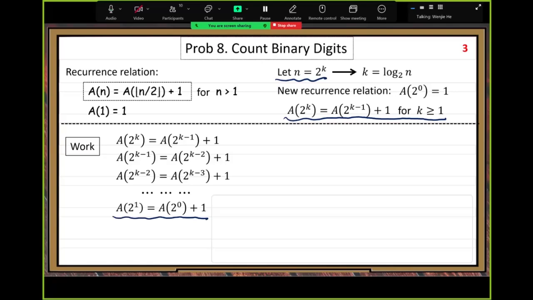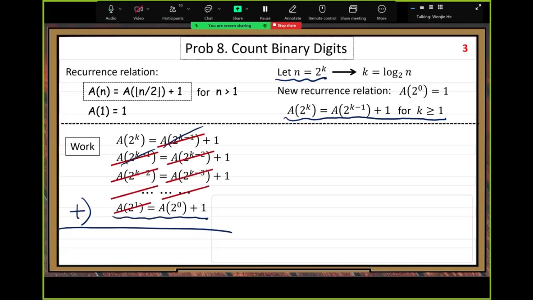All right. Then, let's add up all these equations together, both sides. Can we do cancellation? Left-hand side term, right-hand side term, if they are the same, we can do cancellation. So let's do all the possible cancellations in this diagonal way. At the end, what do we get?